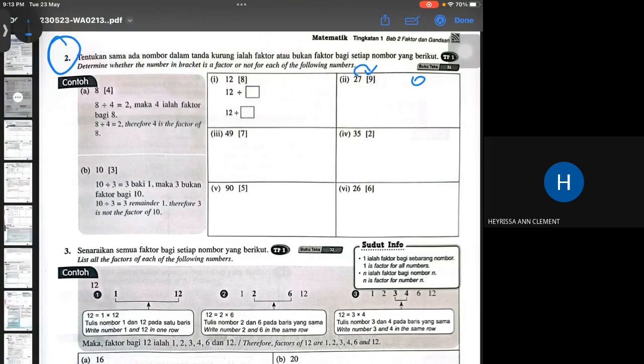Okay, the first one. Is it a factor for 12?